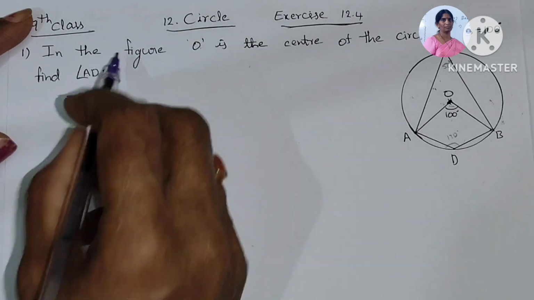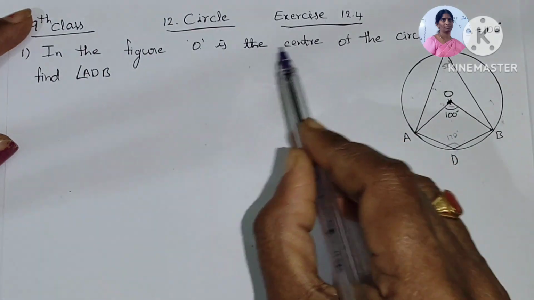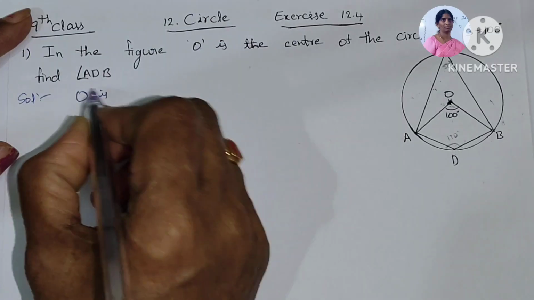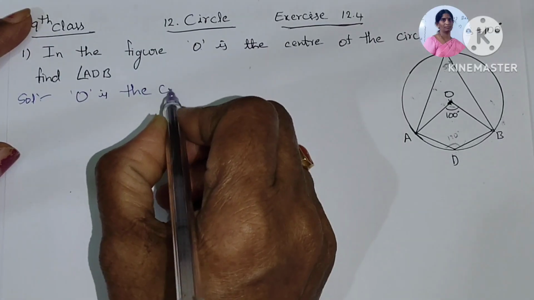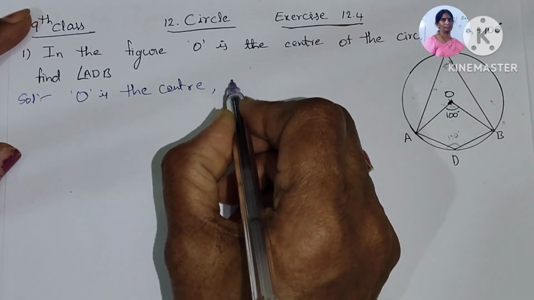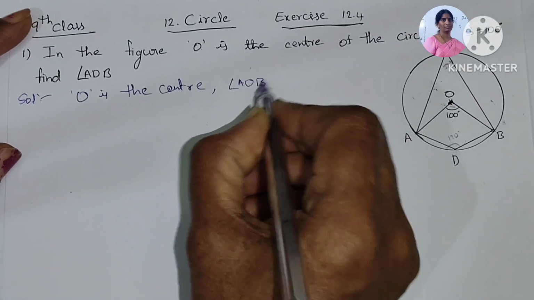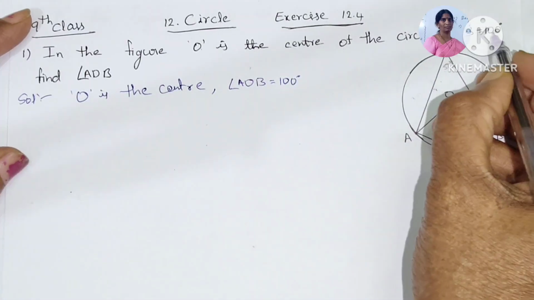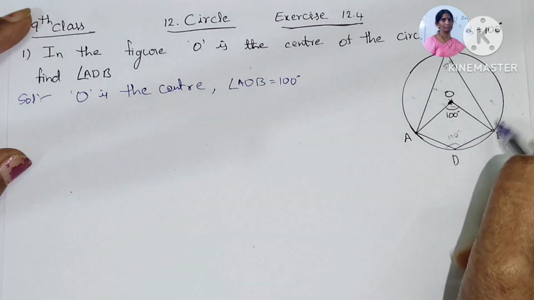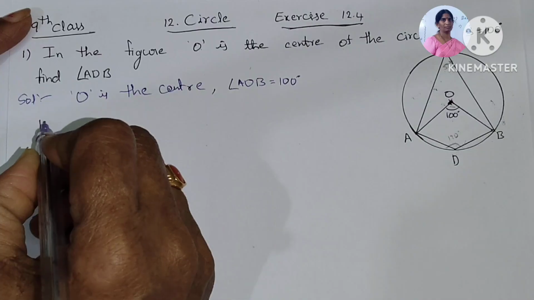Here O is the center. Next, angle AOB equal to 100 degrees, given. Now we find the angle ACB.